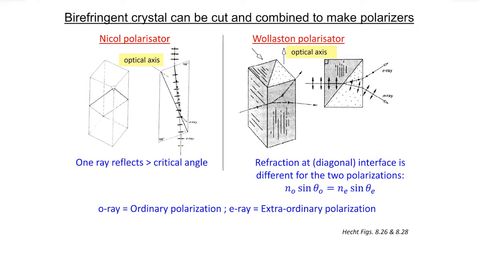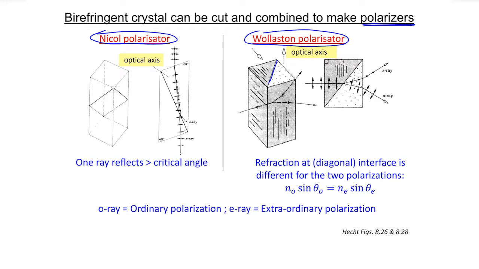Birefringent crystals can be used to make polarizers if they're cut in a funny triangular shape and glued together. This slide shows you two examples of such polarizers, a Nicol polarizer and a Wollaston polarizer. I won't go into the details, but let me roughly sketch what happens.